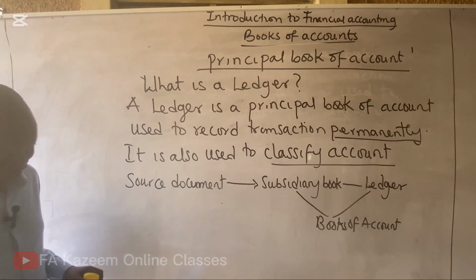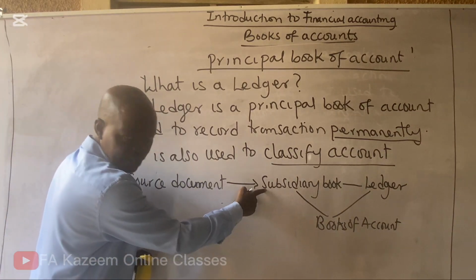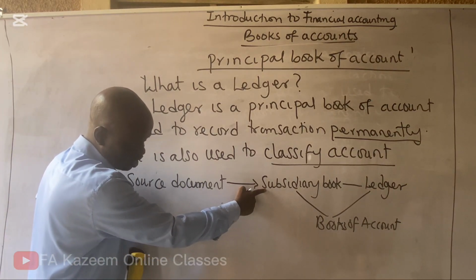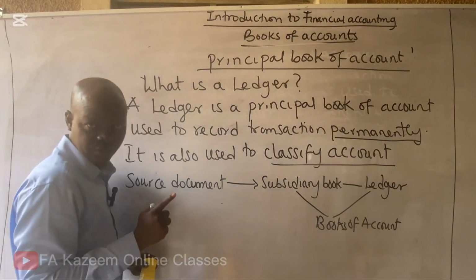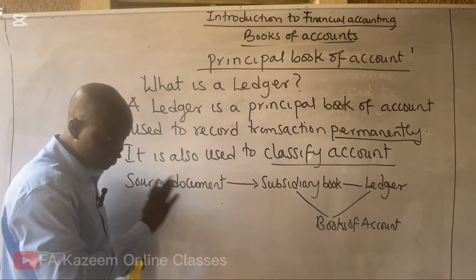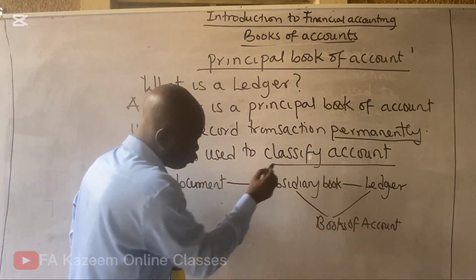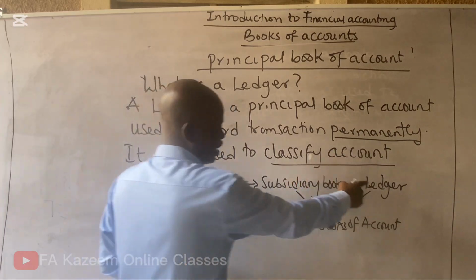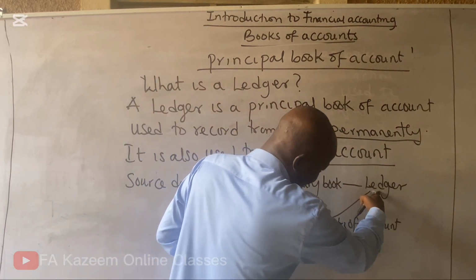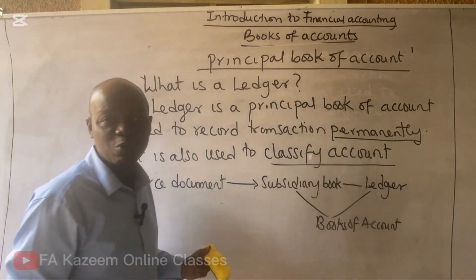The first book in which you keep accounting transactions is the subsidiary book, just for record purposes. Where you classify the accounts is in the ledger. After ledger, we don't have any other books of accounts.